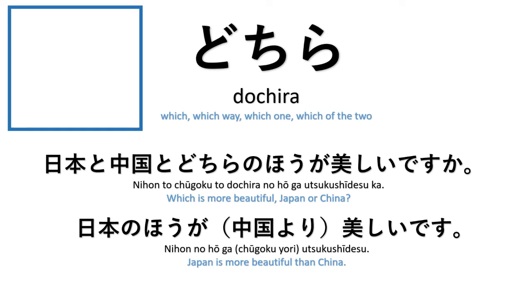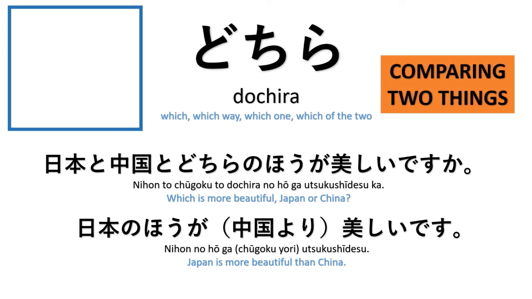Okay, so here we can drop 中国より and just say 日本の方が美しいです。So here in dochira, unlike in dore, we are comparing only two things. Okay? In dore, we are comparing three or more things. Okay? So take note of that. Dore, three or more things. Okay?